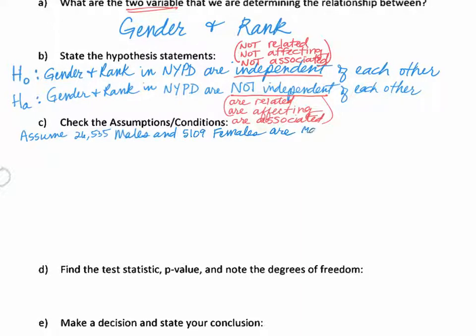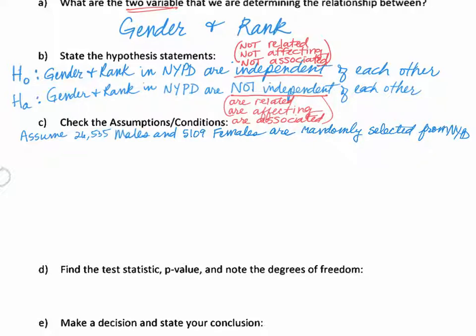I personally have a problem with that because those are such huge numbers. It almost sounds like that's the entire population of the NYPD. So if you don't like saying that they are randomly selected from the NYPD, you could say, I'm going to assume that those are representative of all NYPD employees, officers, or whatever.